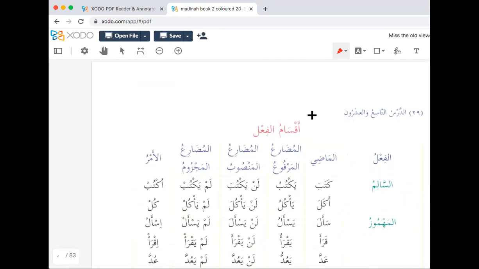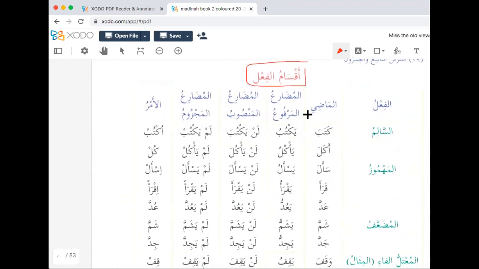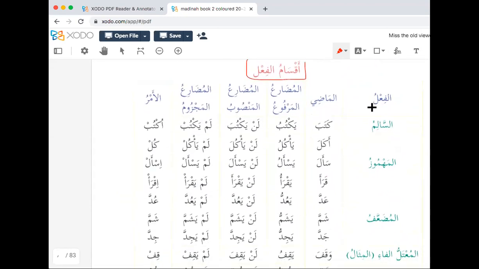Oh yeah, over here, they give you a breakdown also in the same lesson of the different types of verbs. This is a very good reference point for you all. The basic verb, the three-letter verb that doesn't have any weak letters in it, is called salim. In Madi, kataba.